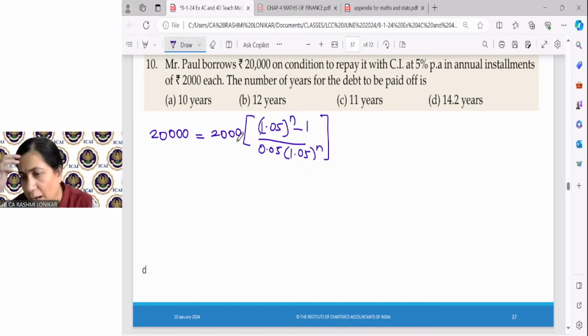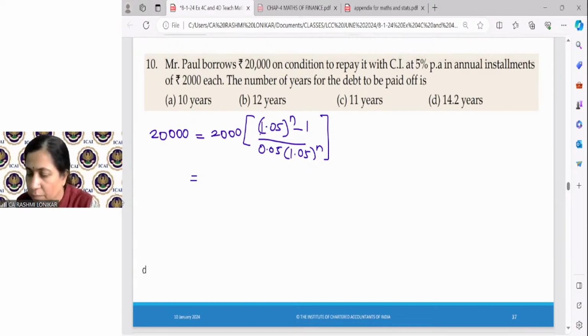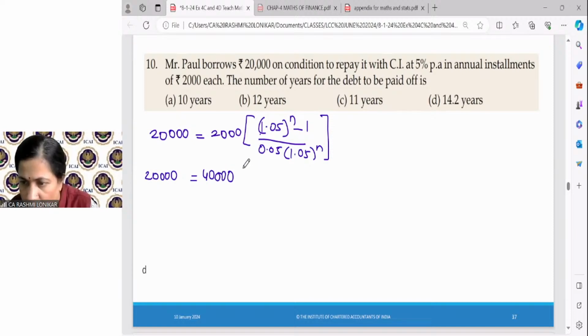I divide this 2000 by 0.05. It becomes 40,000. So 20,000 is equal to 40,000 into 1.05 raised to n minus 1 upon 1.05 raised to n.